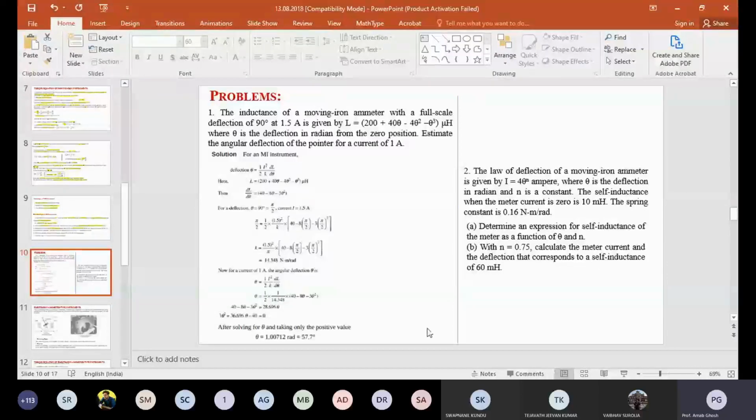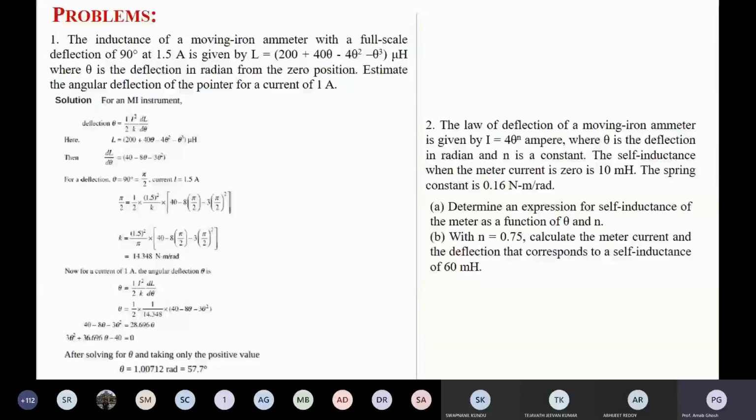I hope all of you are. My slide is visible from your end. Please note down these problems. Okay, the problem is. Sir, full screen, sir, full screen. Okay, so I think my slide is visible.